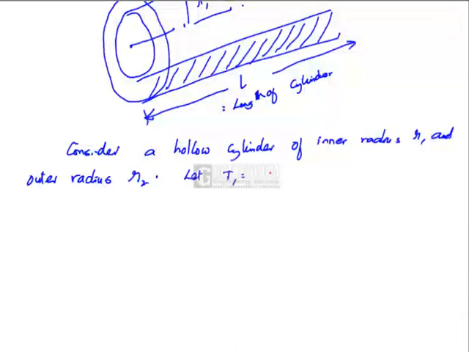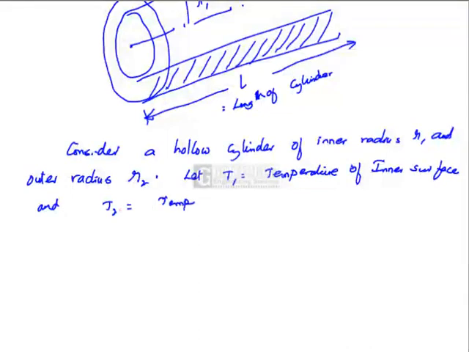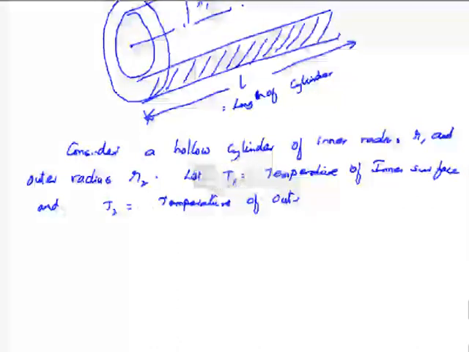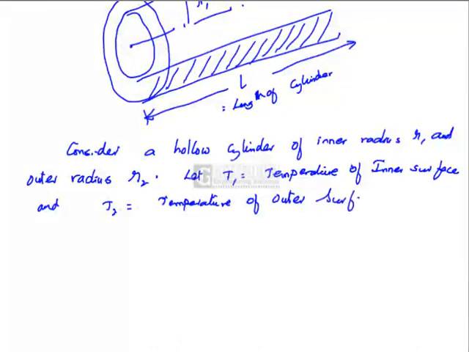Let T1 be the temperature of the inner surface and T2 the temperature of the outer surface. If we see the cross section of this hollow cylinder, it appears like this.